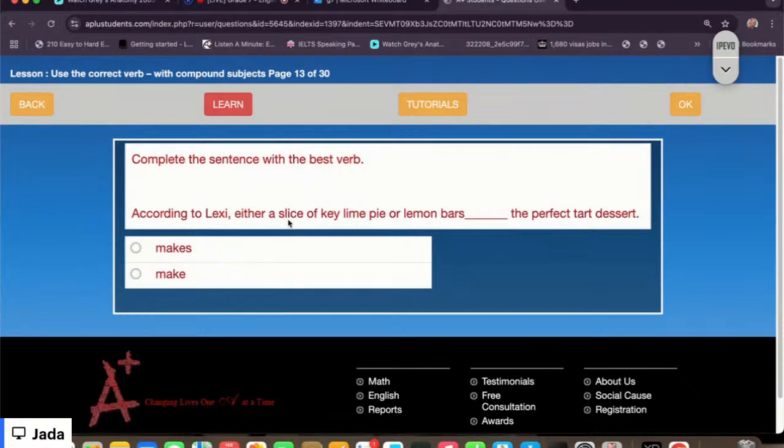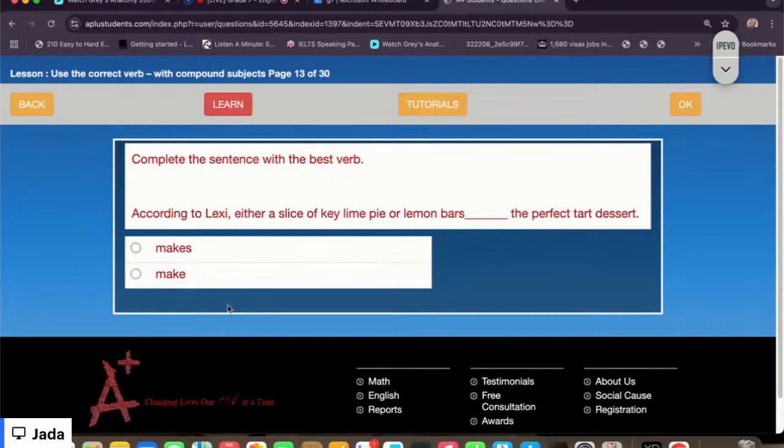According to Lexi, either a slice of key lime pie or lemon bars, that's the perfect third dessert.